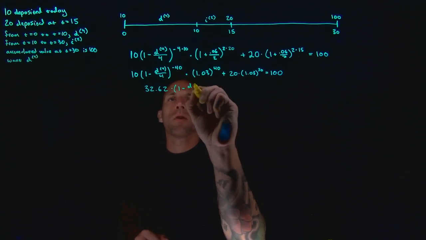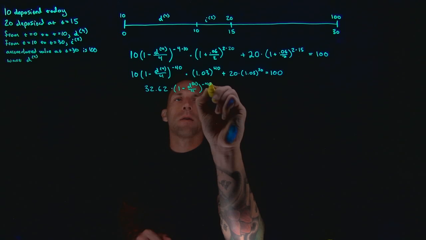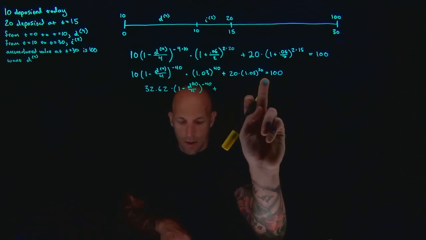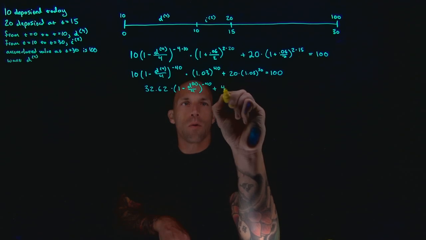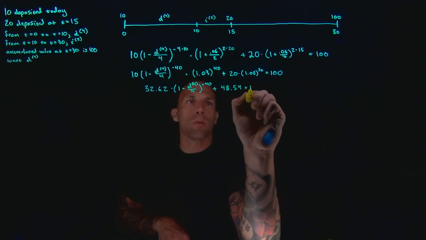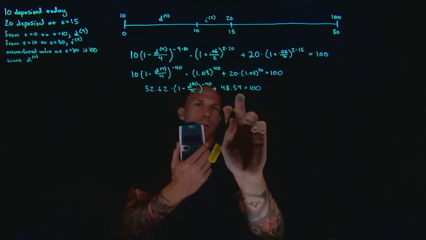Times the term with our unknown, plus, again, we can put this straight into the calculator for 48.54 equals 100. Again, only writing 2 decimals, computing with all of them.